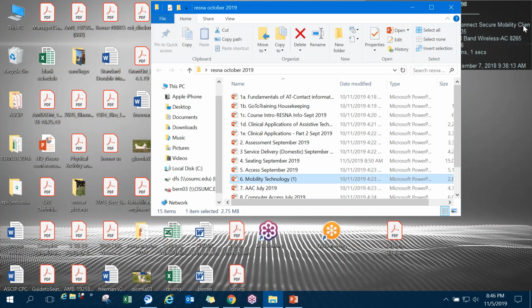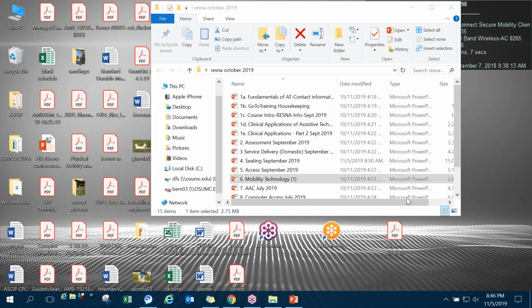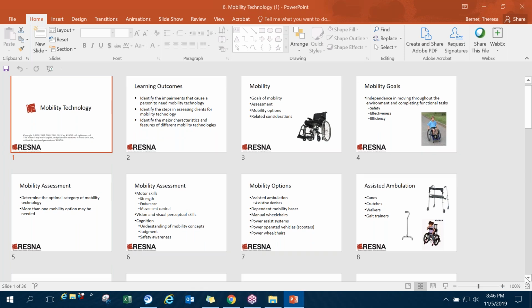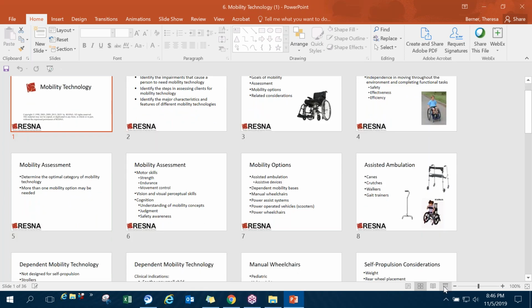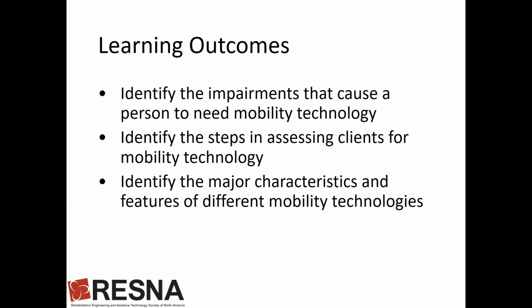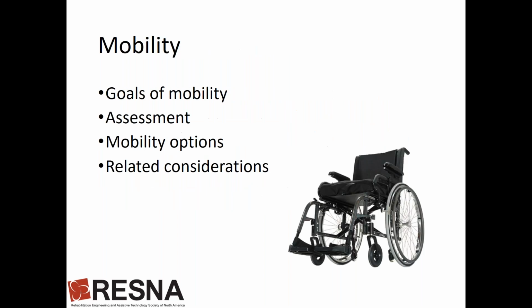Okay, so now we are going to go into mobility technology. With this one, we're going to identify impairments that cause a person to need mobility. We're going to talk about the steps in assessing for mobility and talk about the characteristics and features in the different technology. So we're going to talk about the goal.